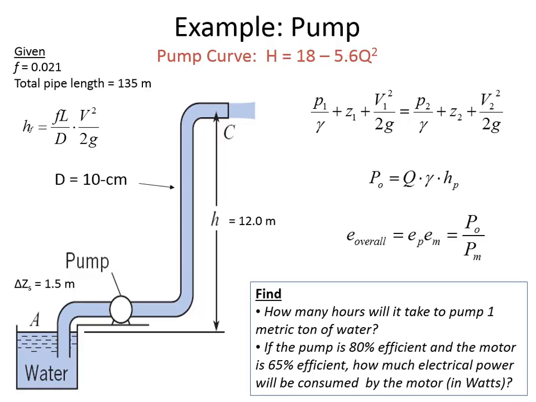So A squared, where we've got the 0.00785 meters squared, and square that. Okay, so this was our velocity head.